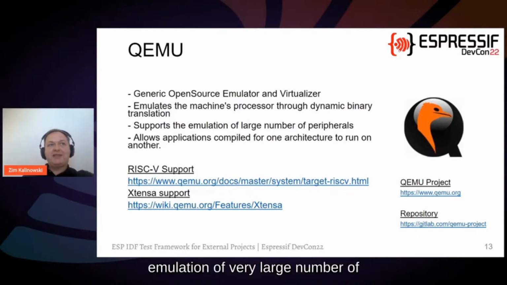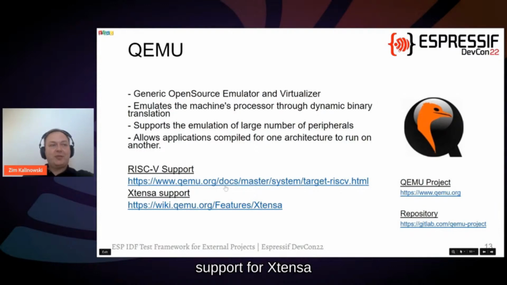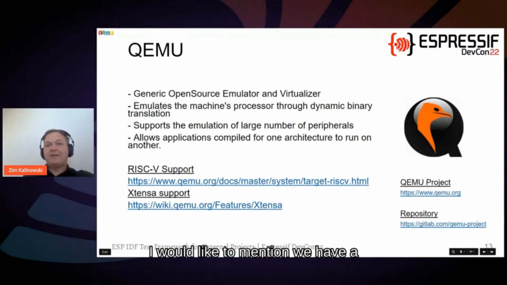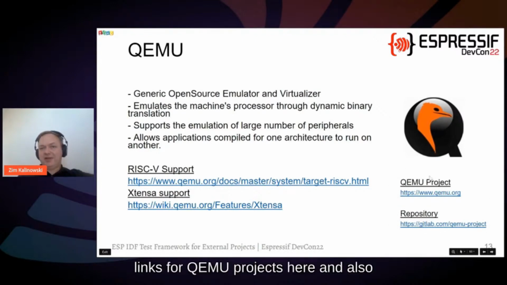It provides emulation of a very large number of peripherals, and what's most important, it has support for Xtensa, and it has support for RISC-V. We have links for the qemu project here, and also this is the original repo.